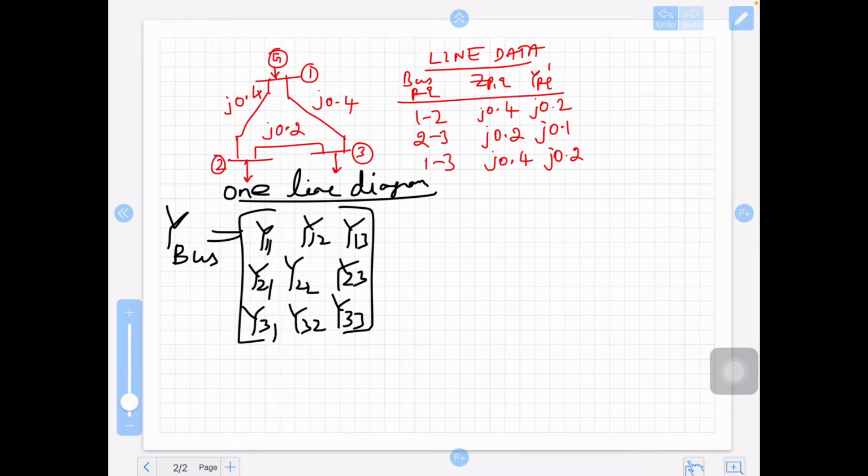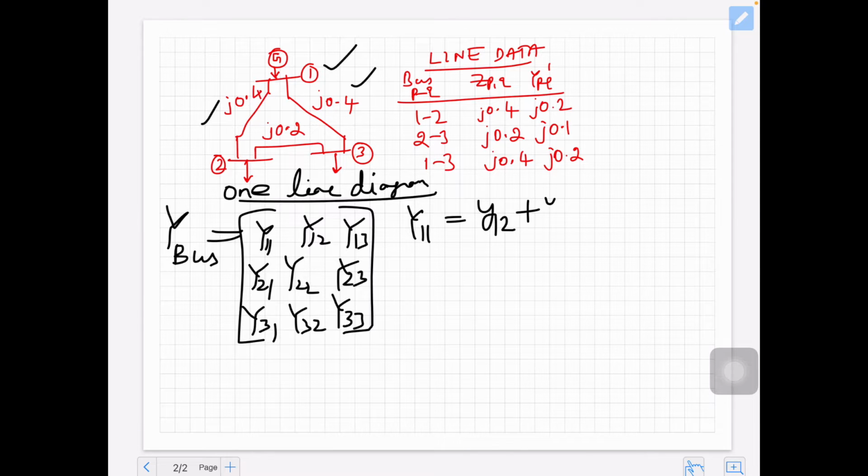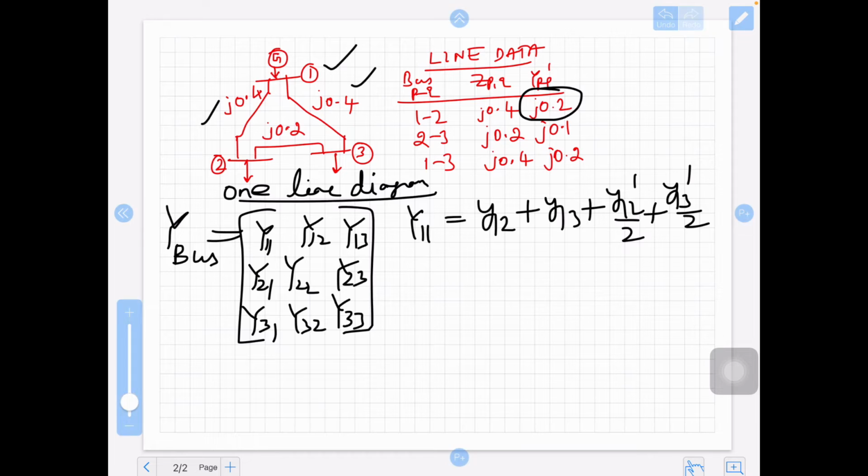Y11 is the sum of all the elements connected to bus 1. Bus 1 is connected to 2 elements, so you consider the line admittances Y12 plus Y13 plus the charging terms, Y12 dash by 2 plus Y13 dash by 2. This is the formula.